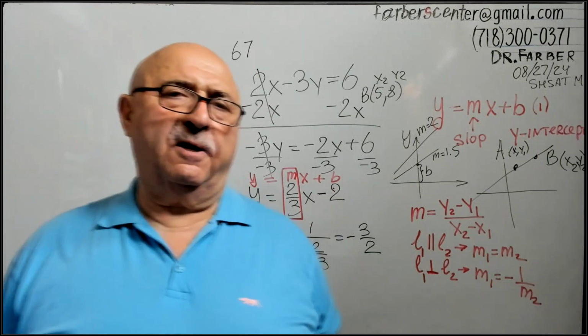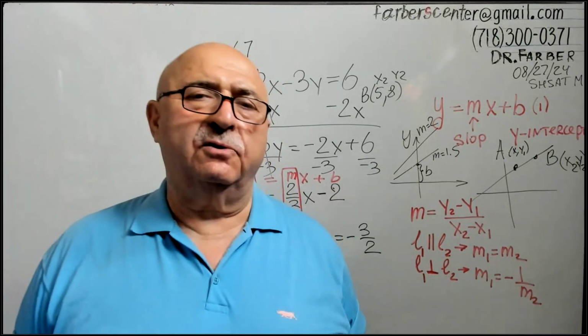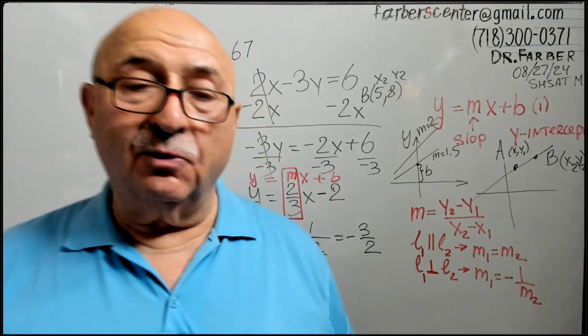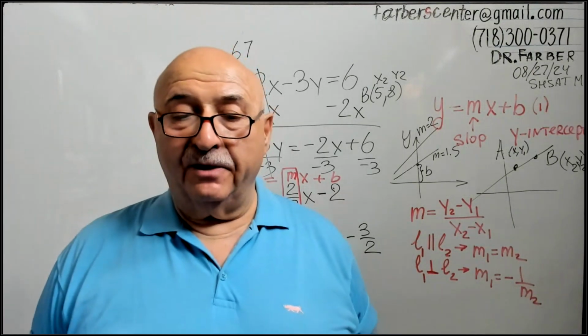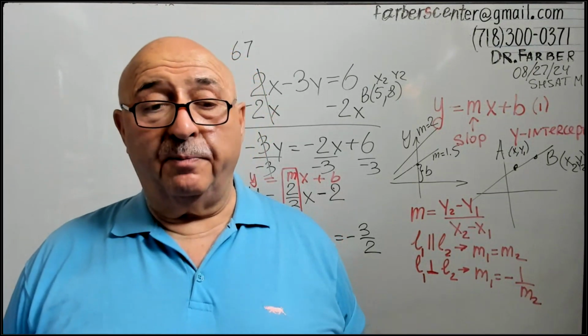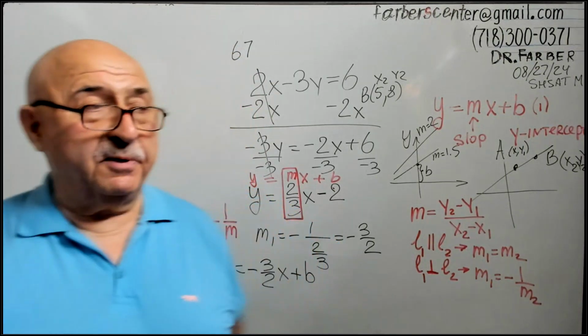Let's say you sit next to each other and one student has exactly the same problem, and you are cheating a little bit, looking at what he has, and he has a different word, not perpendicular, parallel. Which line is parallel to this line?